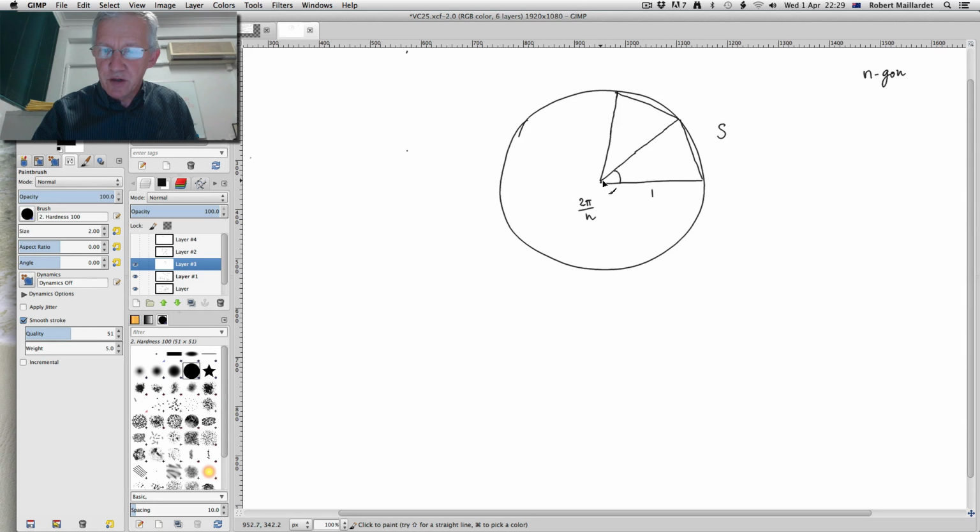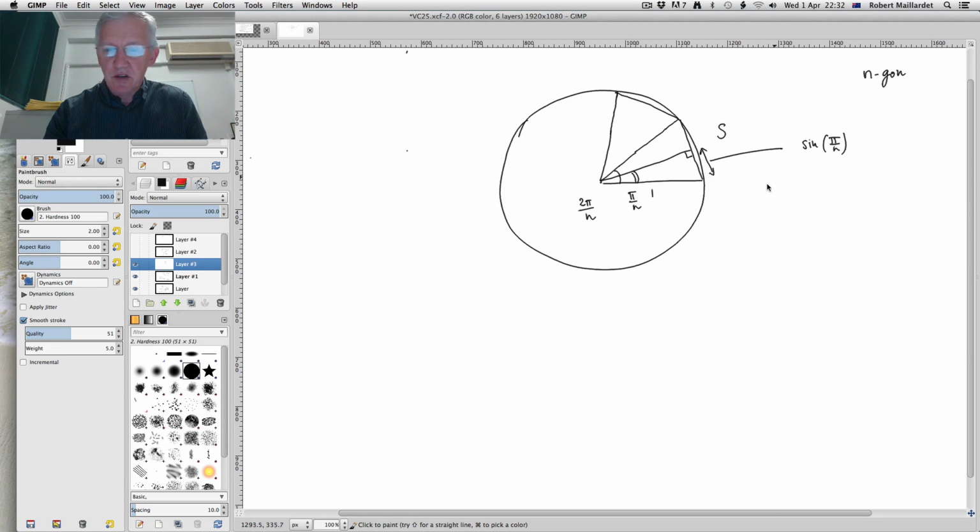And the way I'm going to do it is I'm going to put this right angled triangle in here, where this angle is half of the 2 pi. So that's the angle pi on n, and the radius of the circle is 1. So you can see that this distance in here, half of the side length, is actually sine pi on n.